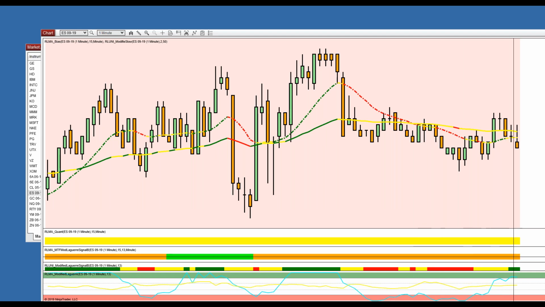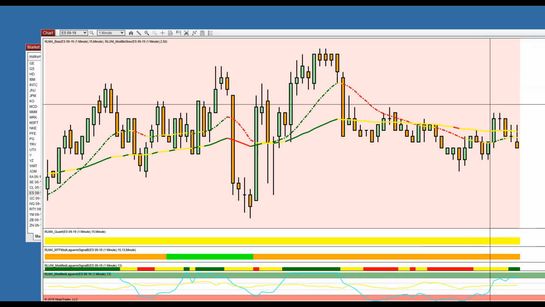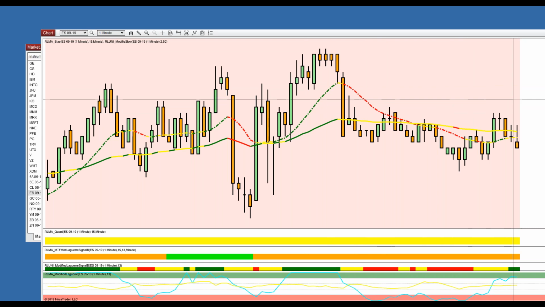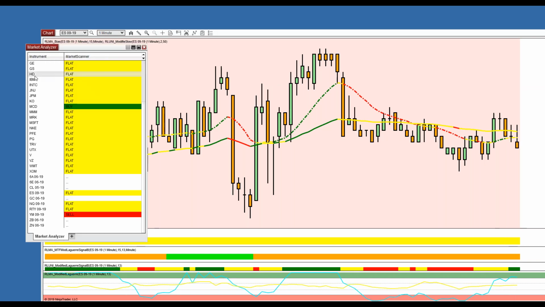Our multi-time frame Laguerre is heading down. Our chart Laguerre is heading up. And we don't have dark pink background. That's the strongest multi-time frame alignment of trend to the downside. 50 is yellow, 15 is yellow, and we are flat on the E-mini.